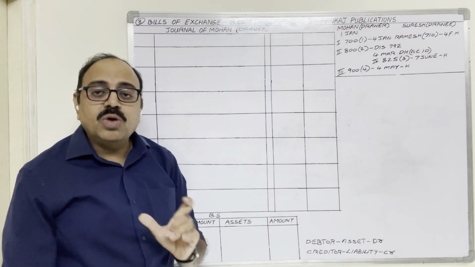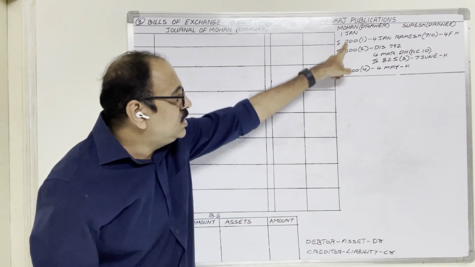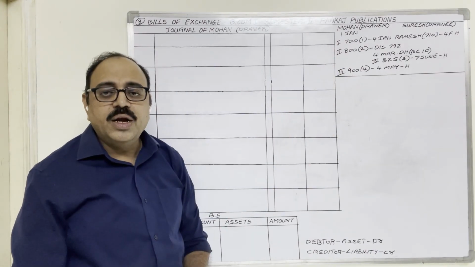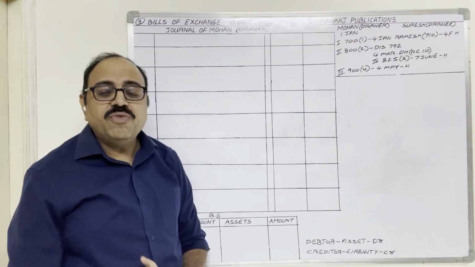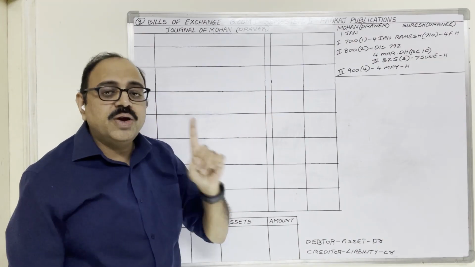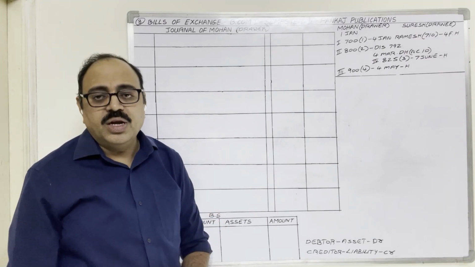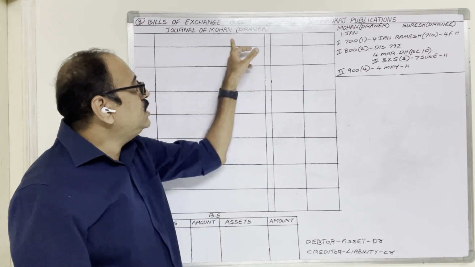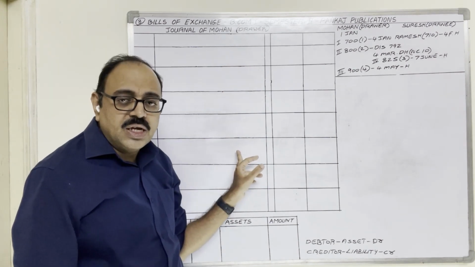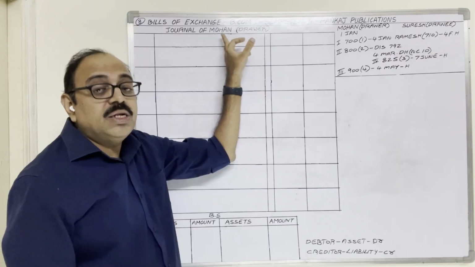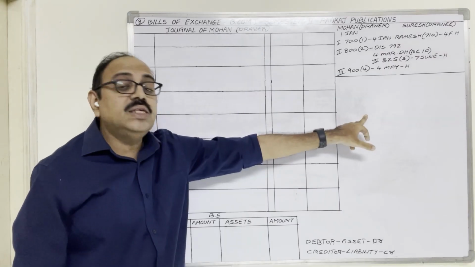The sales amount is 2,400, because the total of these 3 bills is 2,400. So Suresh is liable for 2,400. So for sales in Mohan's books, we have to write one entry now. In the question, the sales related transaction is not given. That is why we start the journal entries from acceptance received. But to understand this acceptance received entry, you should know the sales entry also.